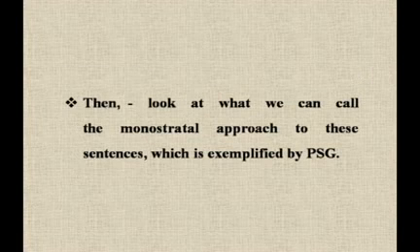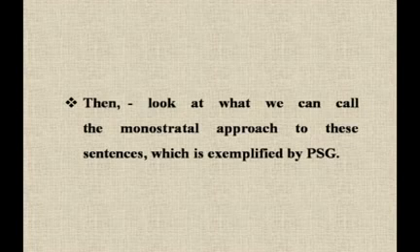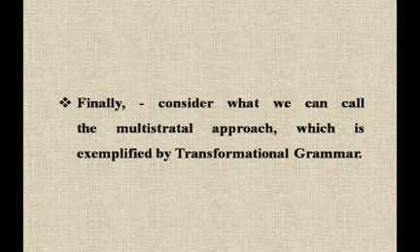Then we will look at what we can call the monostructural approach to these sentences, which is exemplified by PSG. Finally, we will consider what we can call the multi-structural approach, which is exemplified by transformational grammar.